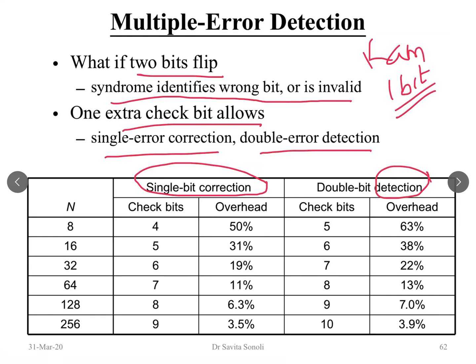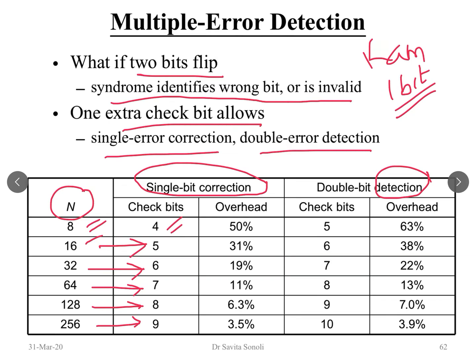So if you see, the data bits are represented by n here. If the data bits are 8, for single bit correction we need 4 check bits. For 16 bits we need 5, for 32 bits we need 6, for 64 bits we need 7, for 128 bits we need 8 and for 256 bits we need 9.